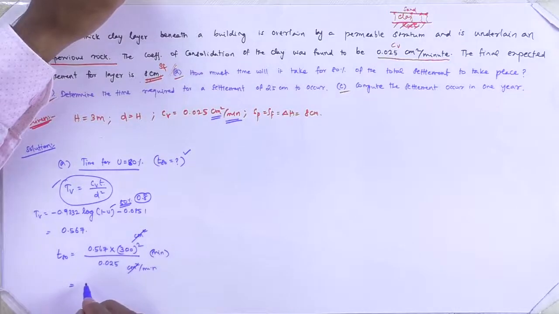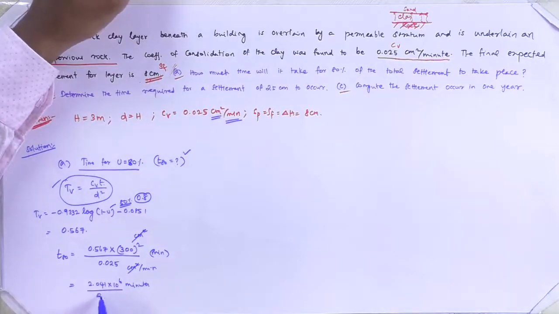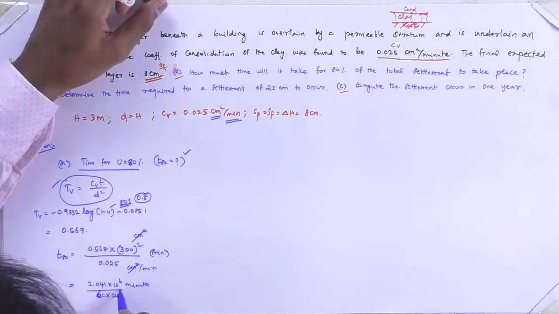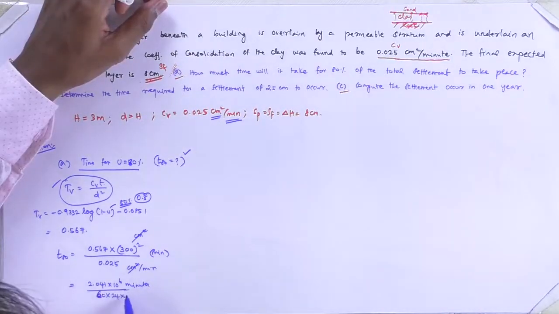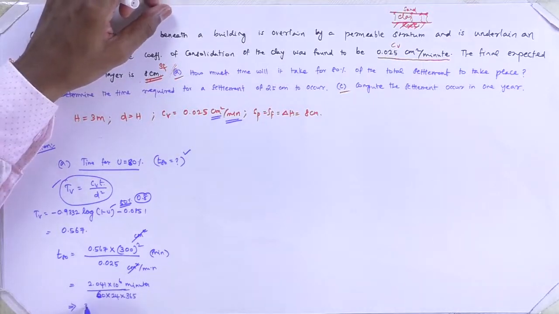The value is 2.041 into 10 to the power 6 minutes. With 60 minutes per hour, 24 hours per day and 365 days per year, we get 3.83 years simply.